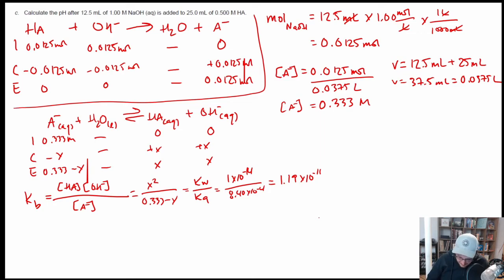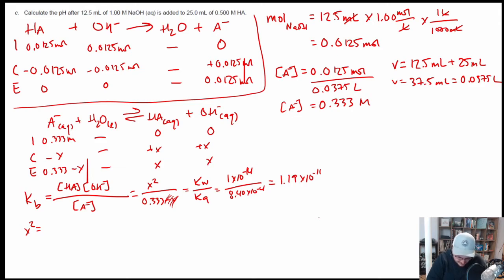So now we can solve for X. We can use the 5% approximation and just assume that X is going to be completely negligible in terms of changing the concentration of A minus, so we can cross that through.